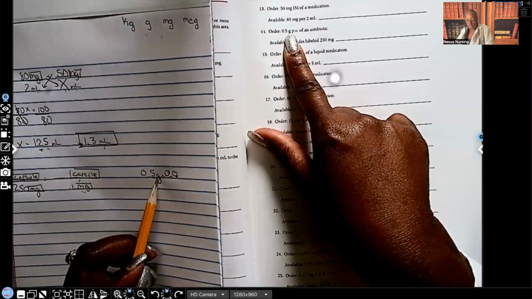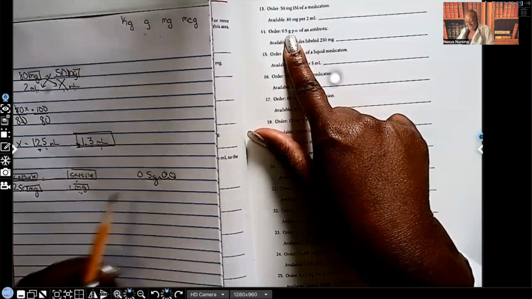How many times? 3 times. So I go like this, 0.5, 1, 2, 3. So my 0.5 grams turned into 500 milligrams. Now I can plug in 500 because 0.5 grams is the same thing as 500 milligrams. So now I can plug in my 500 here, and that leaves me with X.